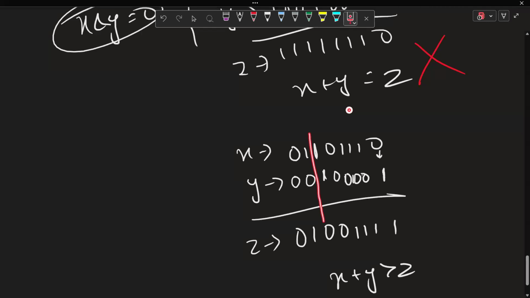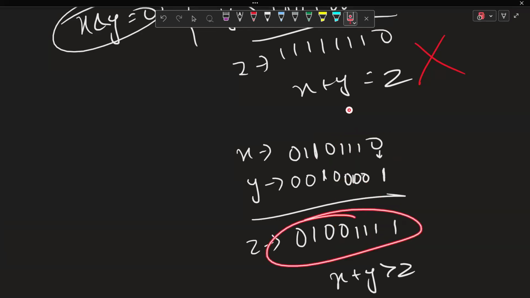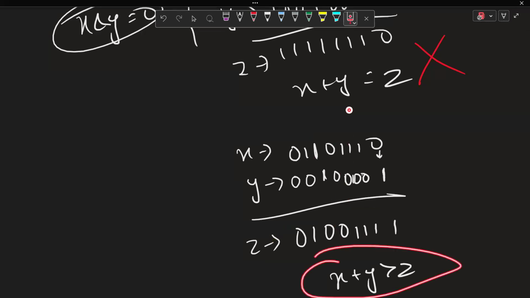Just by this position, in x plus y you have something extra which is not there in z. For the remaining positions, whatever is the contribution of x plus y, you have in z also. But for this you have some extra. So this way you are making sure x plus y is greater than z.